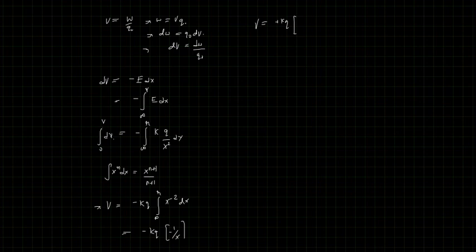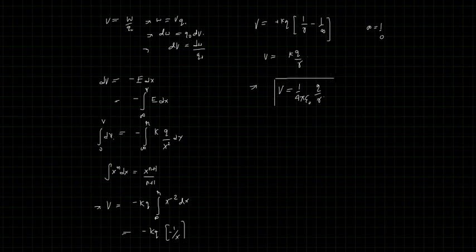Now what will be the boundary? It would be 1 by r minus 1 by infinity. Now infinity, as you know, is explained as 1 by 0. Therefore, V is equal to kq by r, or more properly we can write 1 by 4 pi epsilon naught q by r.